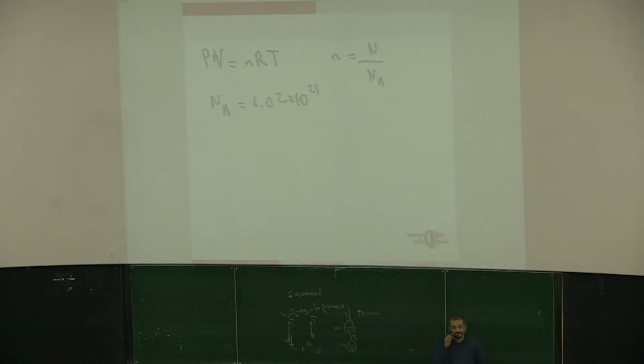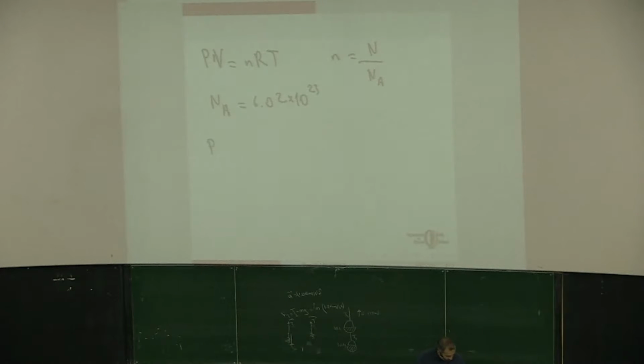As I said at the end of the previous lectures, in physics we don't like these arbitrary numbers. This mole number is defined in terms of Avogadro's number. It's an arbitrary number, in fact. So instead of using the mole number, what we work with is the number of molecules we have.